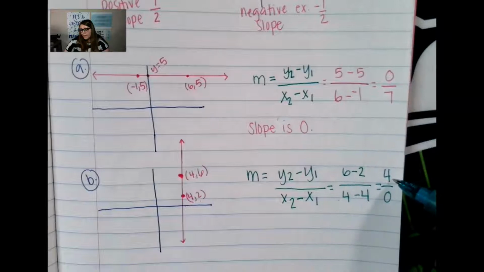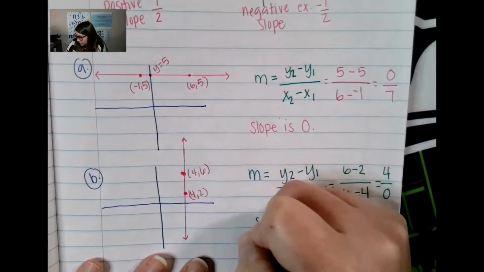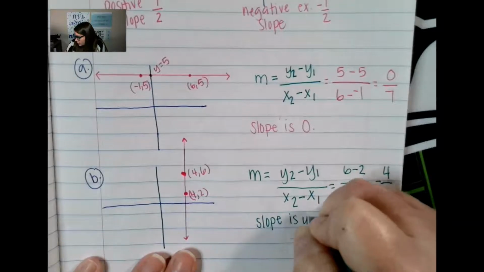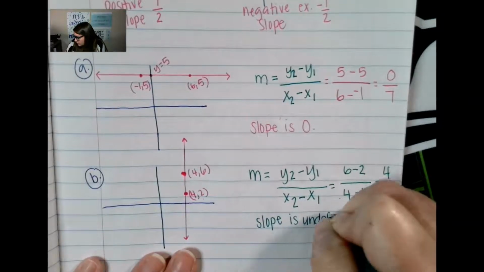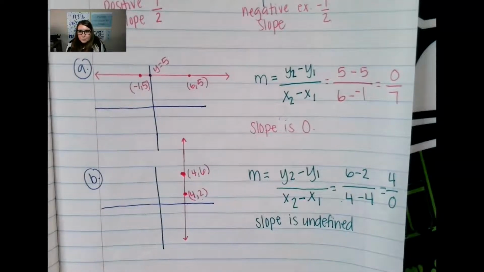So, because you cannot divide a number by 0, the slope here is unknown or undefined. So we just call this slope undefined. We don't know what it is. It's not leaning, it's not negative, it's not positive, it's not 0, it's undefined.